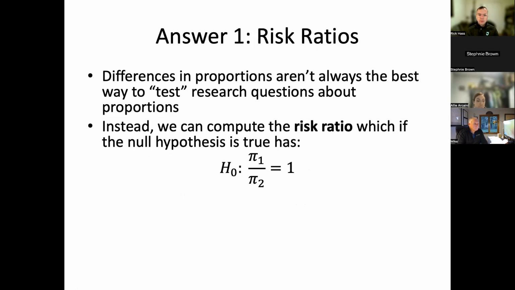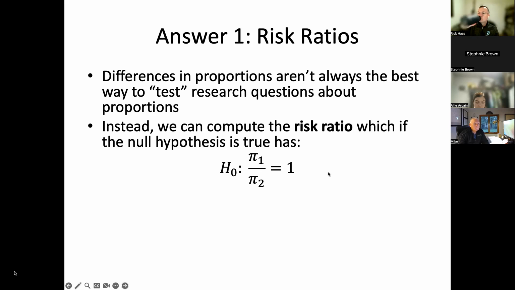And so instead, we might compute something called the risk ratio, which has a null hypothesis that the proportion of, say, disease state in one category is the same as the other, right? So pi 1 over pi 2 would be the proportion of males with asthma over females with asthma. And the null hypothesis is that the ratio is equal to 1. How do we get a ratio to equal 1? What must be the case about these two numbers for, if we divide them into one another, that we get 1?